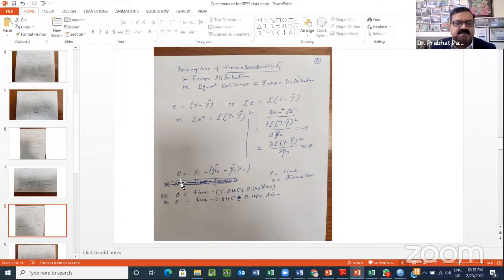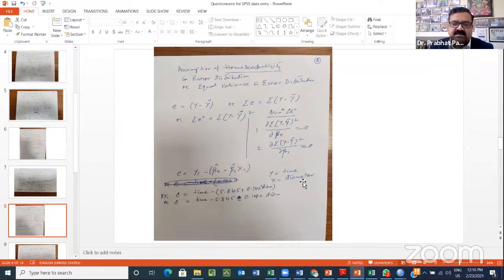So let's come back to error again. Error is equal to y minus y estimated. So y estimated is the regression equation that we have estimated, beta 0 plus beta 1 x. Here in our case, y is time and x is diameter, let's say.